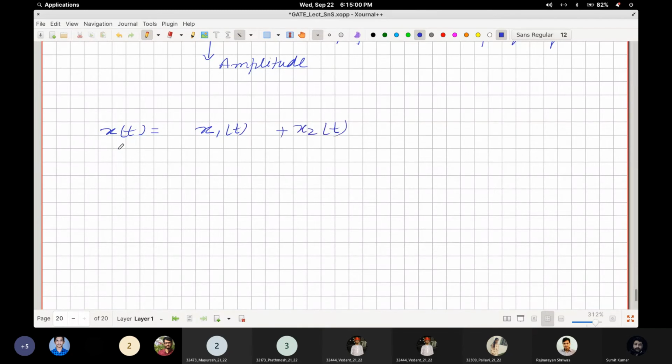We have x1(t), which is given as periodic with fundamental period T1, and x2(t) is periodic with fundamental period T2.